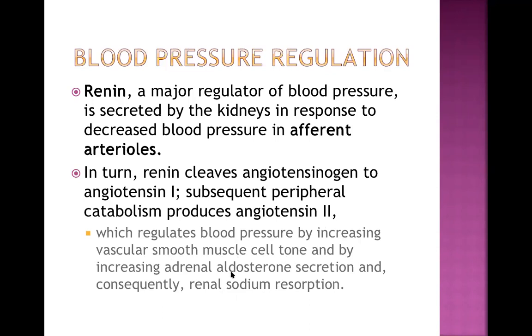At the same time, it is causing release of aldosterone from the adrenal cortex, and that aldosterone is retaining sodium and water from the nephron or from the kidney. So that will help the blood pressure to come back towards normal. So this is one of the major parts of the compensatory mechanisms of our body.